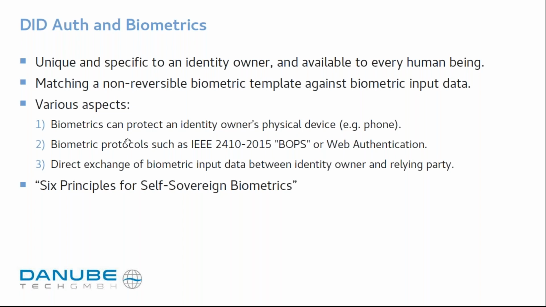And there are some standards and some protocols that define how to actually do that. In theory, it is possible also to design DID Auth protocols where biometric data is exchanged between an identity owner and the relying party. So I could outline quickly what that could look like.